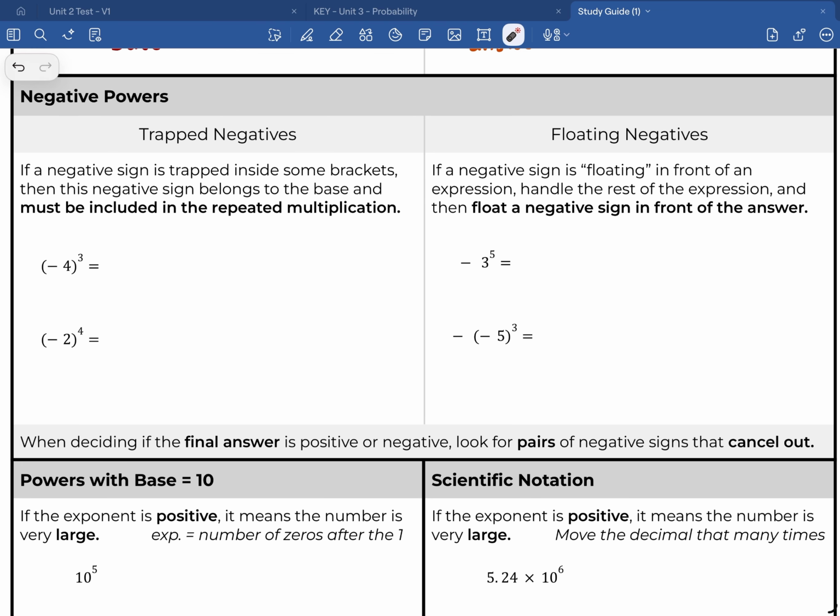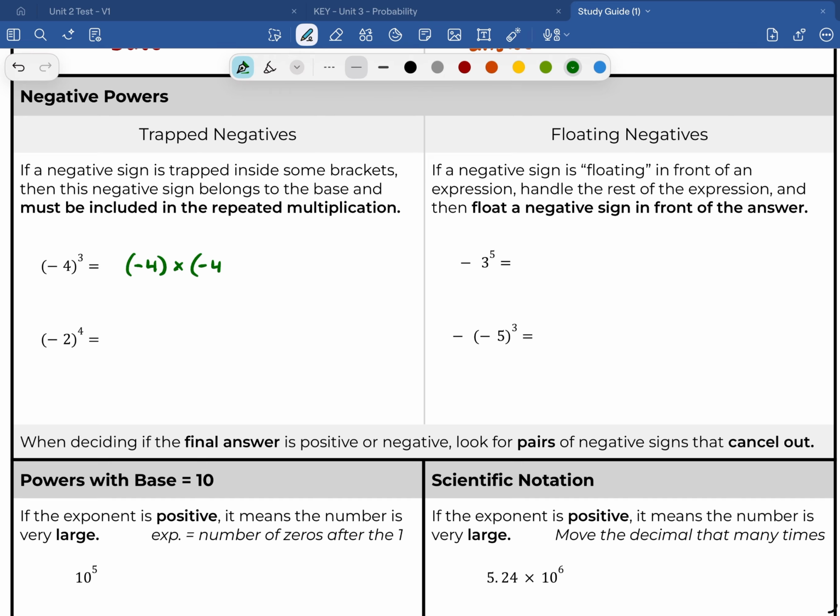So with a trapped negative, if the negative sign is trapped inside of the brackets, then the negative sign belongs to the base. So it's not just 4, it's negative 4. And it must be included in the repeated multiplication. So when we expand something like this, we take the base, which is negative 4, and we multiply it by itself 3 times, because that's what the exponent says. So negative 4 times negative 4 times negative 4.